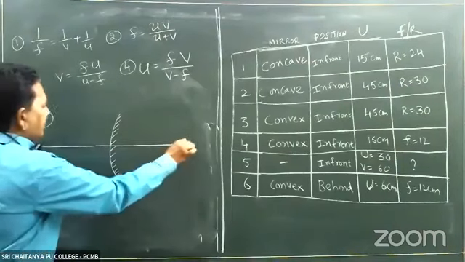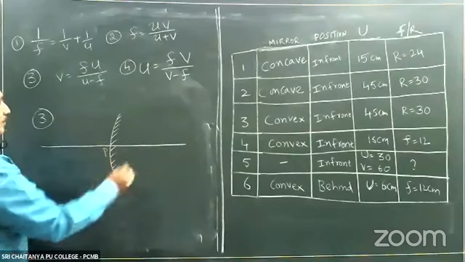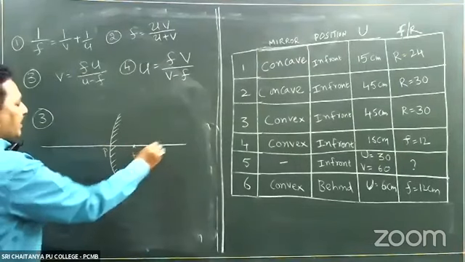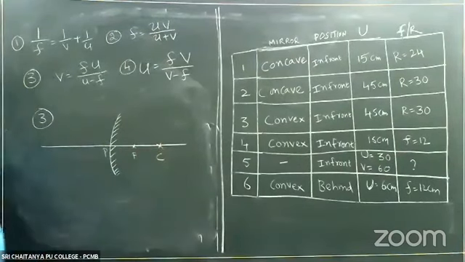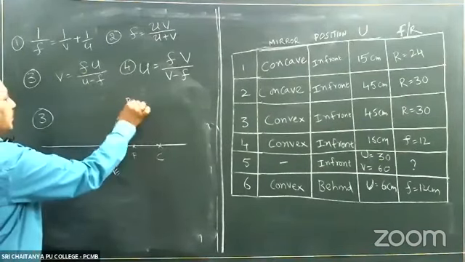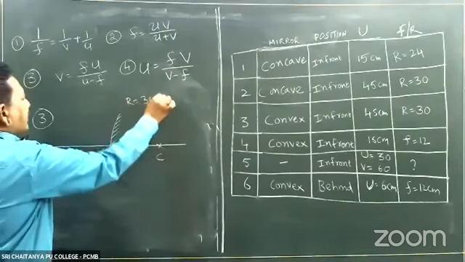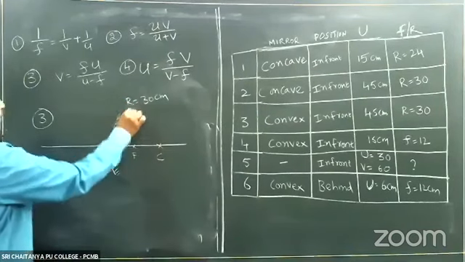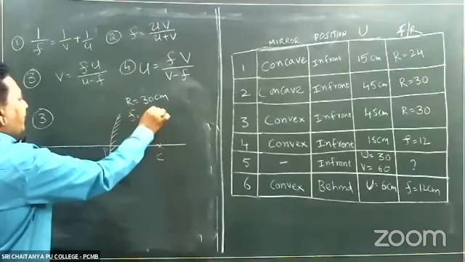Principal axis, pole, principal focus, center of curvature. So R value is 30, plus 30 only. F value plus 15.